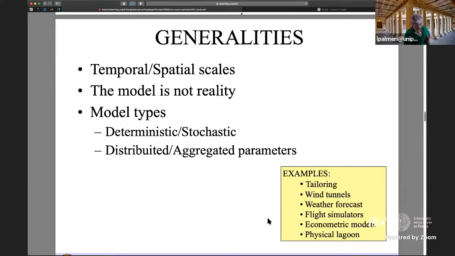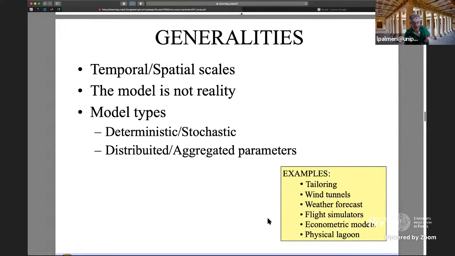The third aspect, very important, starts our work in classifying different model types. The first classification we have already seen is that between distributed and aggregated parameters models, meaning whether you are going to describe the spatial heterogeneity of your system or not.